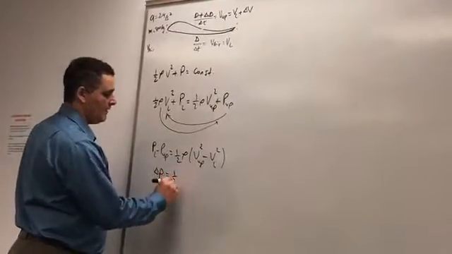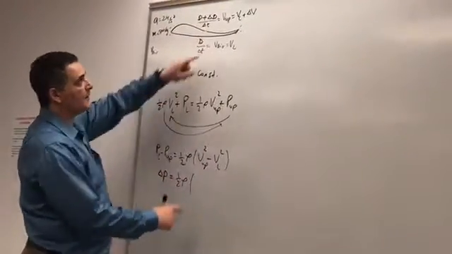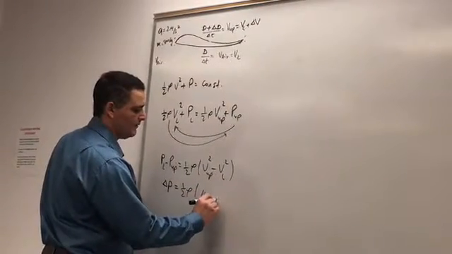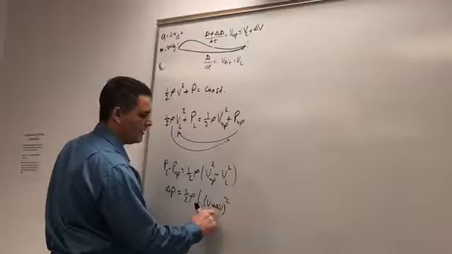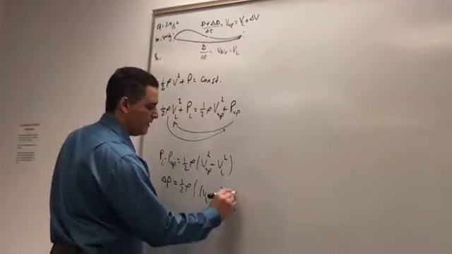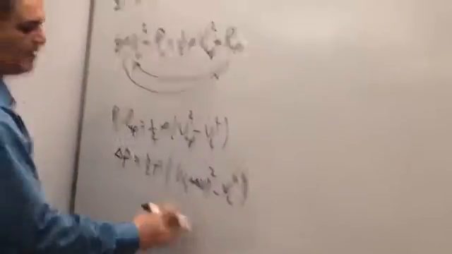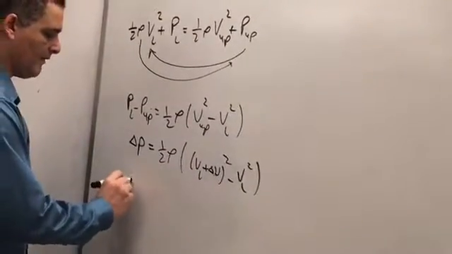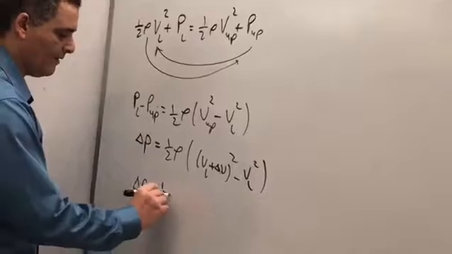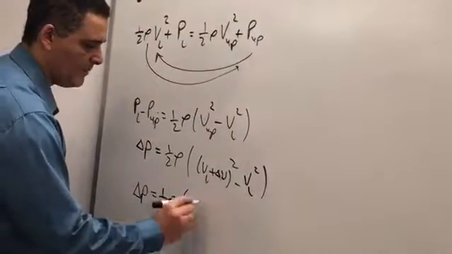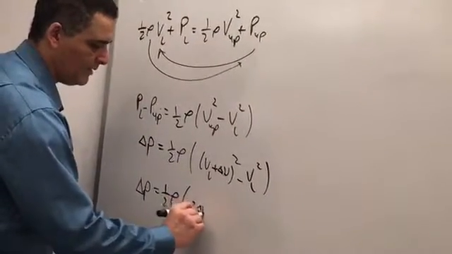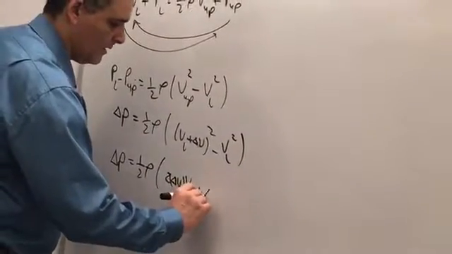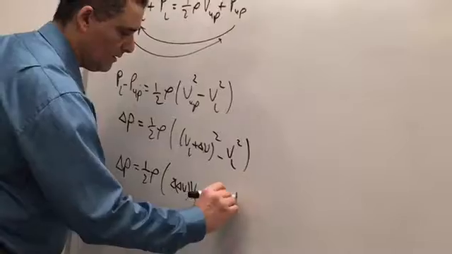And here, 1/2 rho times V upper, which is actually V lower plus delta V, squared minus V lower squared. If I expand this out, doing FOIL and canceling everything out, my final form ends up being 1/2 rho times 2 delta V times V lower plus delta V squared.